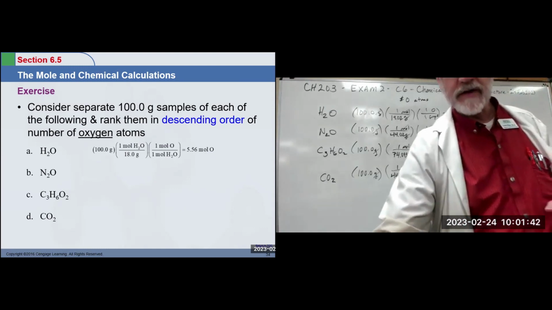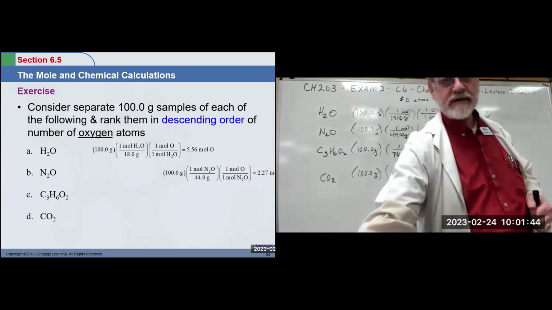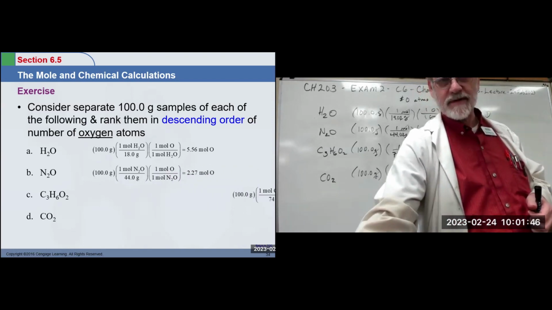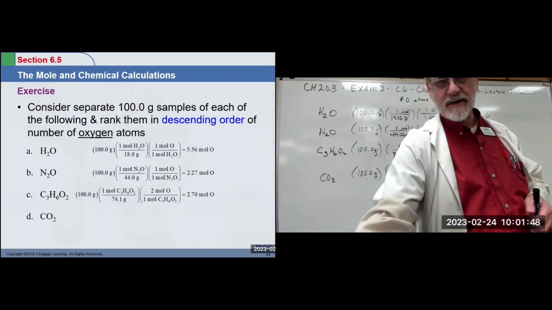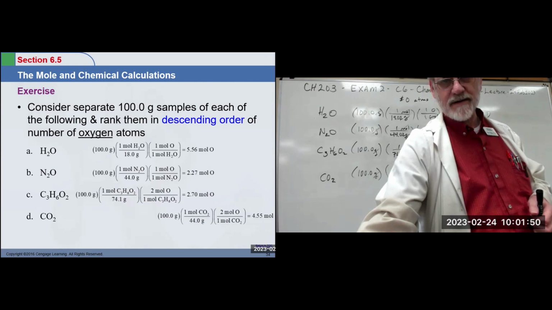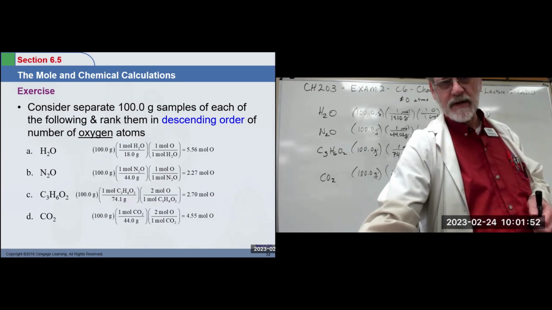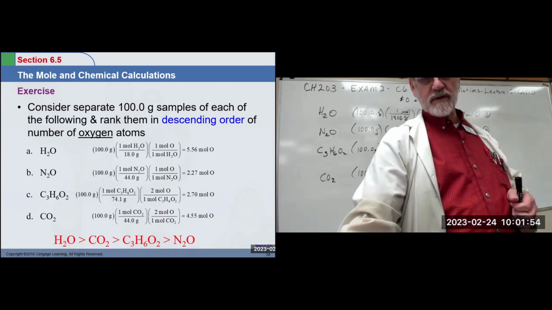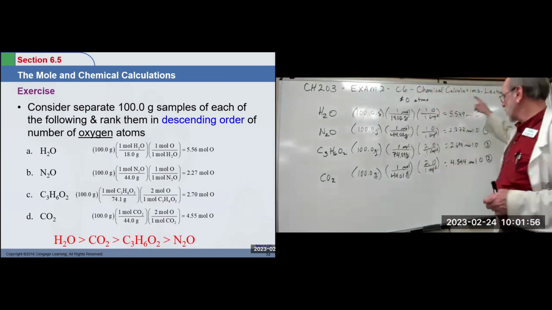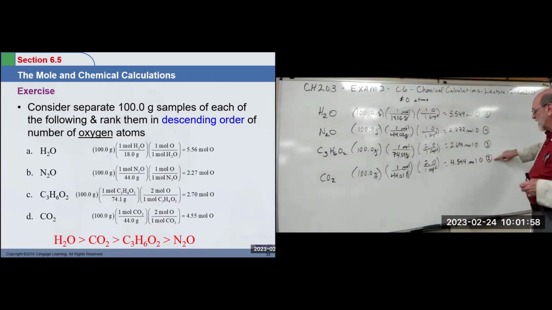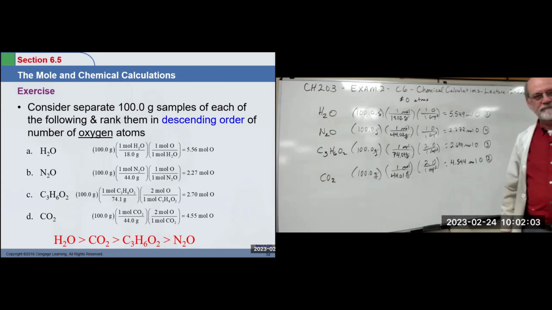Okay, so there you have it in black and white type. There we go. Now we can put them in order. Water first, carbon dioxide, propionic acid, and nitrous oxide.